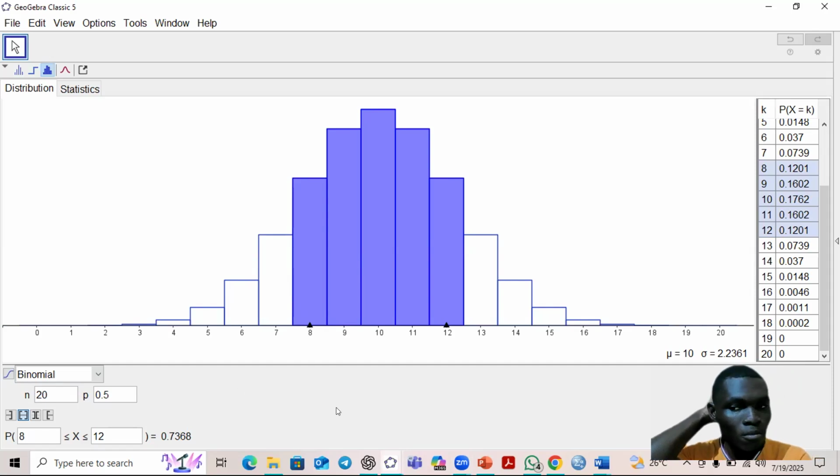You perform the experiment a set number of times, and then you see the success or failure of a particular event happening with respect to the n number of times. So in this case, let's take a question.